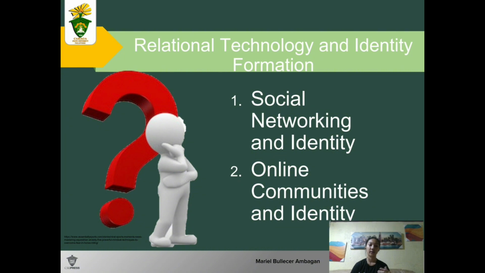We post, get likes, comments, and messages, and all of that shapes how we see ourselves. Secondly, online communities. We also join groups like gaming squads, fan pages, or forums. These communities make us feel we belong, and they influence how we think, speak, and act.